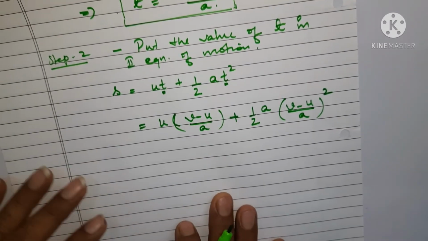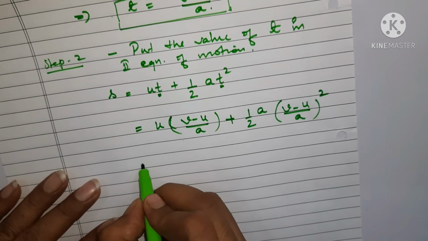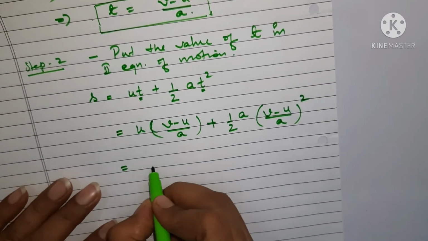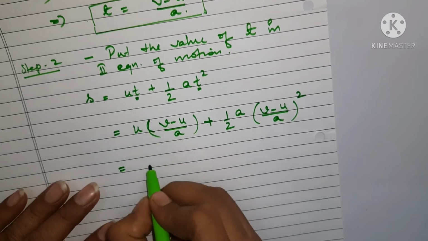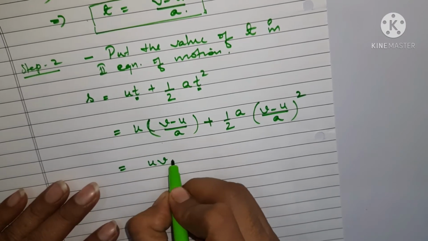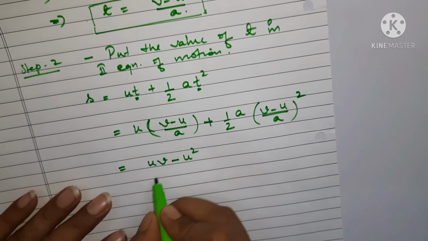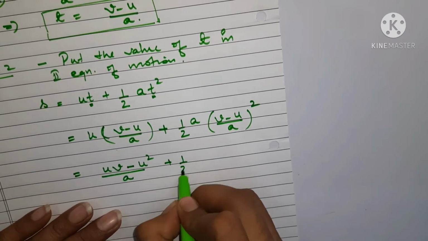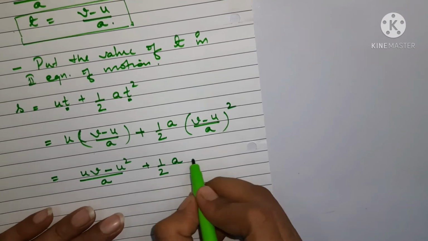Let us go ahead and solve it. Open the brackets. You are getting uv minus u square upon a, plus half a.